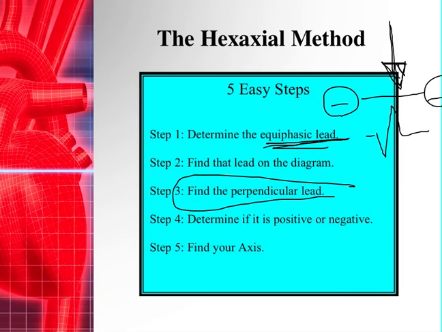So if we know which lead is equiphasic, then we know that the direction of our mean QRS axis is going exactly perpendicular to that. So whatever lead is perpendicular to this lead, let's say this is lead 1, whatever lead is perpendicular to lead 1 would have our QRS axis.